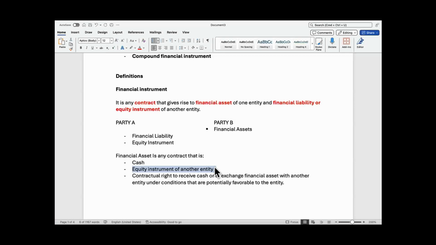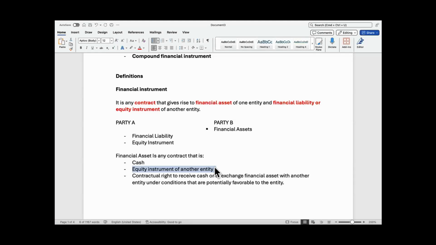When you buy shares in another entity, when you hold equity instrument of another entity, you have a financial asset. In fact, it is an investor that can have a financial asset, because when you buy shares in companies, that is you having equity instrument of another entity.